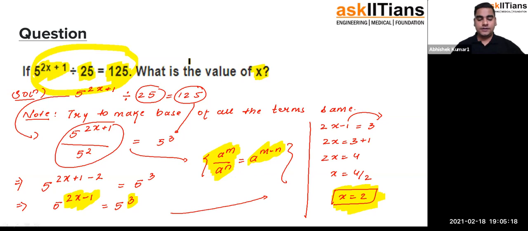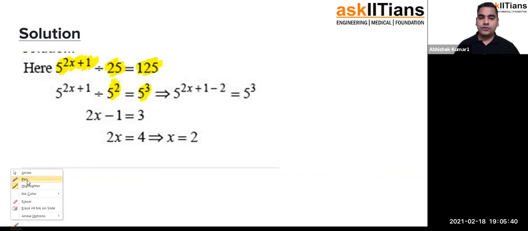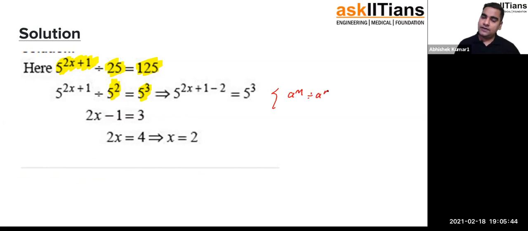All right, done. Okay, so you can see here they have also done it in a similar way. You are given 5 raised to the power 2x plus 1 divided by 25 is 125. So this 25 can be written as 5 square, and 125 can be written as 5 cube. They use the exact same rule which we used, that is a raised to the power m divided by a raised to the power n gives you a raised to the power m minus n.